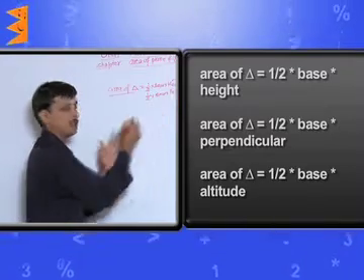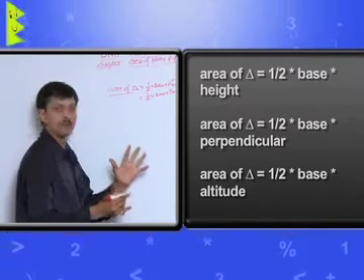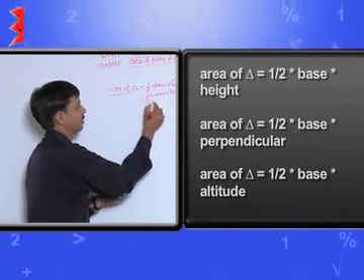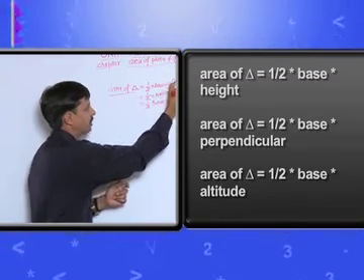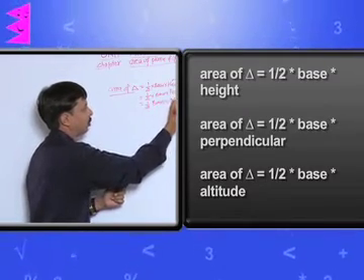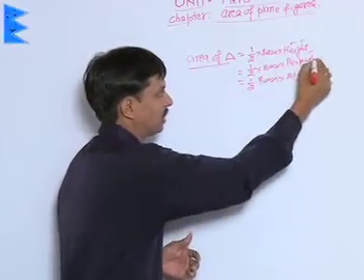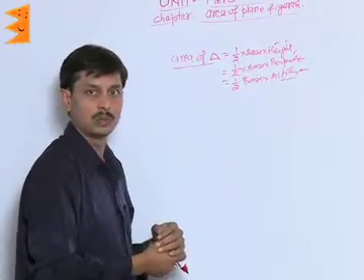If in case the triangle is right angled, then someone can also say half base into altitude. These three words, height, perpendicular, altitude, are approximately the same. But I would like to mention there is a major difference between perpendicular and altitude.